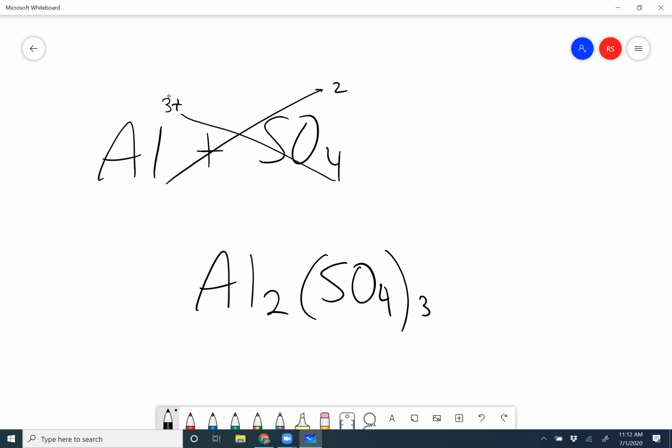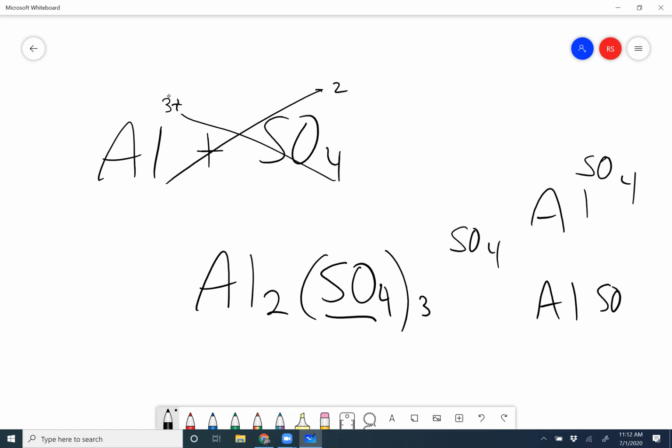The reason for this is that this grouping of ions, called the polyatomic ion, is going to stay together. So if we were to draw a picture of this, we'd have 2 aluminums and then the sulfates, the 3 of them, would be all around it, and they would be together as a sulfate.